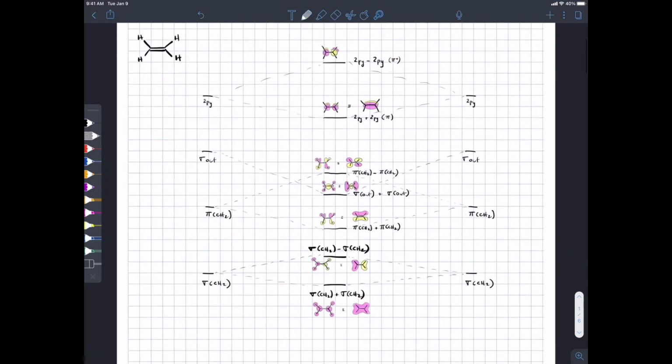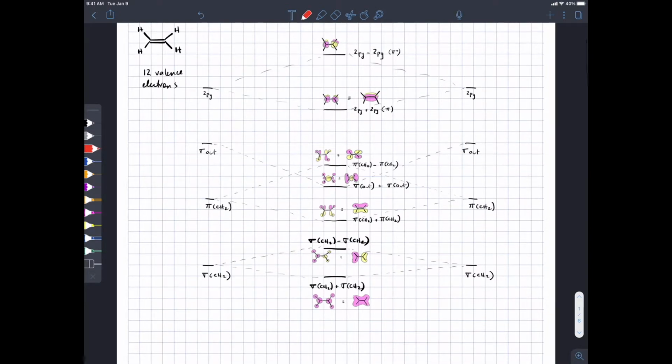So let's see, we have 12 valence electrons in ethylene. So let's fill the orbitals up with the available electrons. 2, 4, 6, 8, 10, 12.